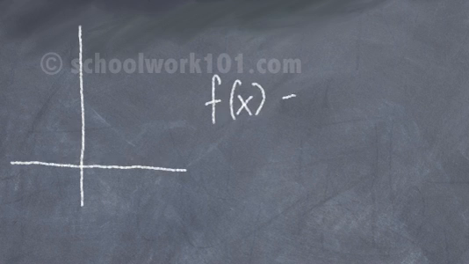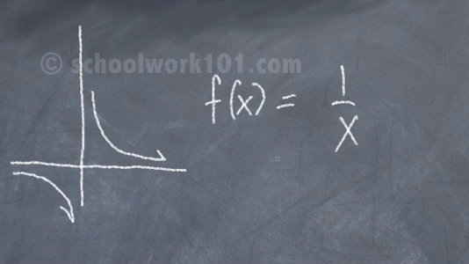I guess f is overrated, but we tend to use it a lot. Okay, so f of x in this particular function here, we're going to define it as 1 over x, and this graph is looking something like that.